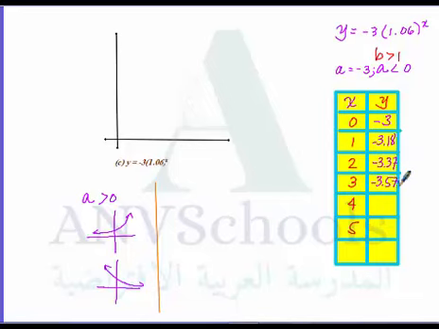If our x is 4, then change our x to 4, and we will have negative 3.79. If our x is 5, we will have negative 4.01, or approximately negative 4, let's say.